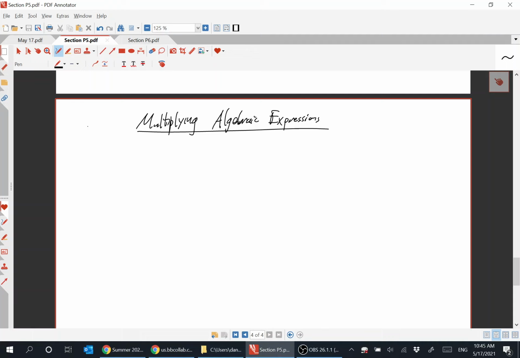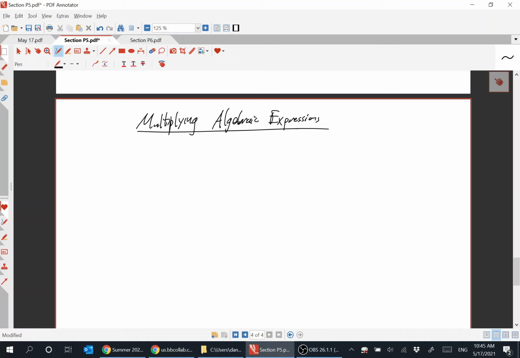Whenever you want to do that, you multiply every term in the first expression by every term in the second expression. Oh, by the way, what are terms? Factors are things you multiply. Terms are things you do what with? You add or add and subtract.